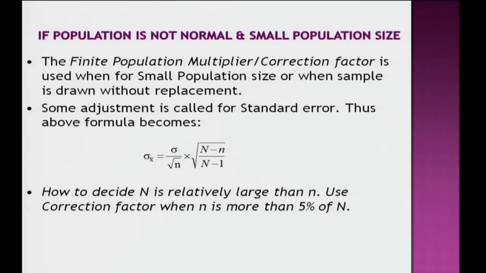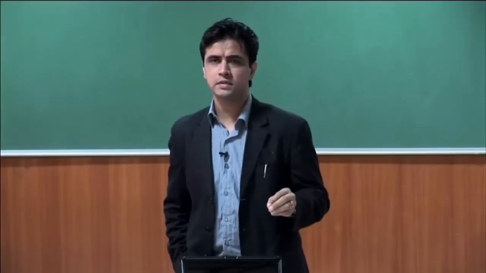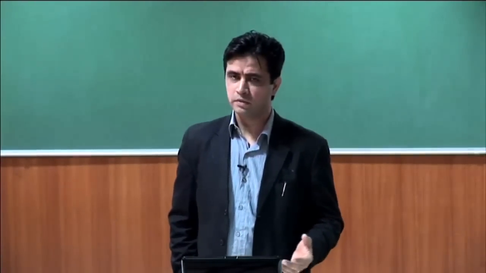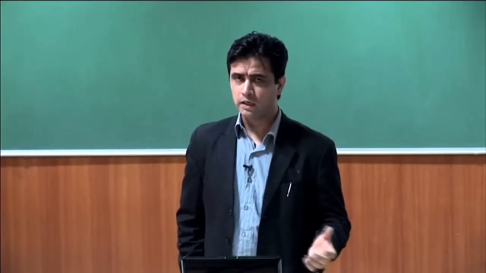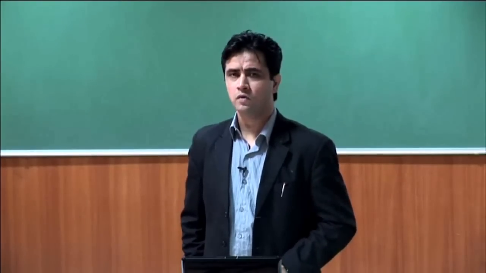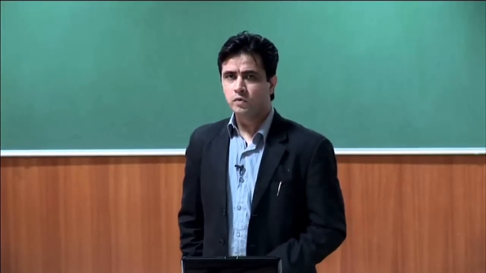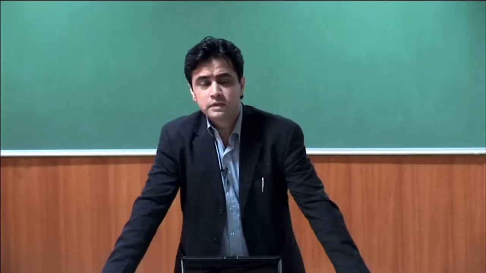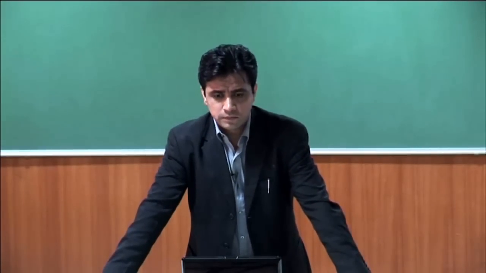Say your population size itself is 20, say from 20 locations you need to select certain localities, and you select only 5 localities and study them, so your sample size is 5, out of 20. So, what will we do in that case? In that case, the central limit theorem is not applicable.